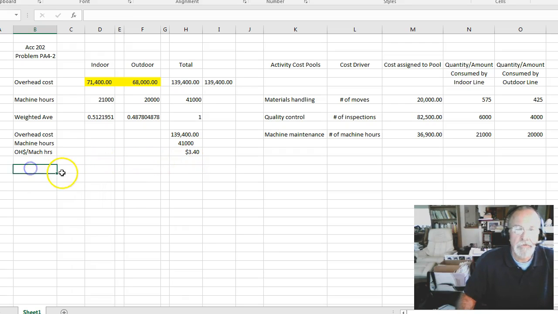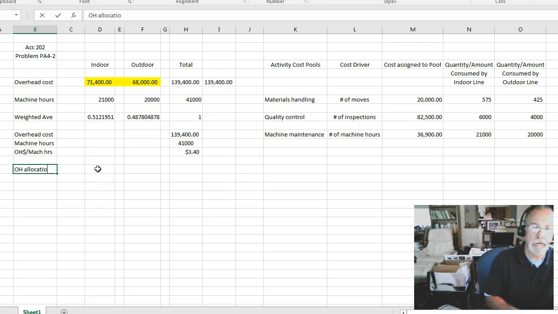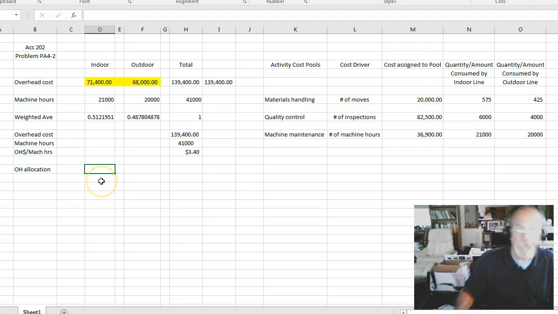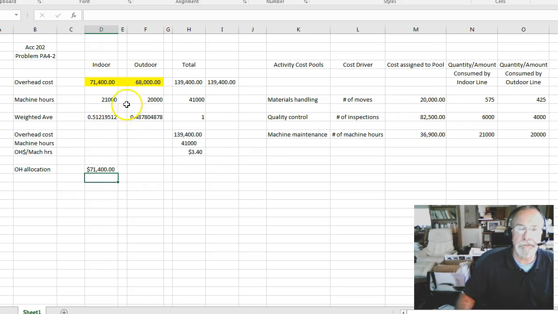And then for each of the two products, indoor and outdoor, we could use a formula that said total machine hours for indoor times that $3.40 overhead per 1 machine hour, and that would give us the same 71.4 that we calculated up above, doing it a little bit differently.